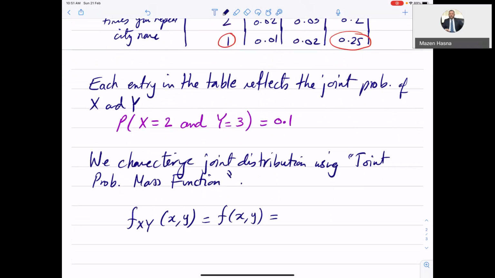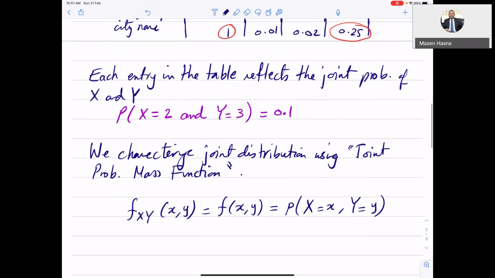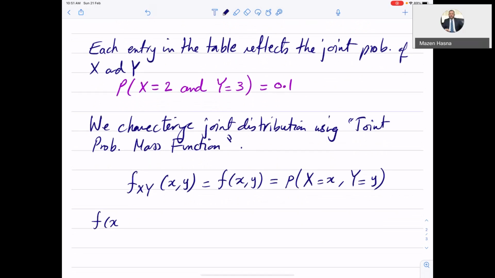The way we define it is the probability that X equals a small value x and Y equals a small value y. Of course, f of x and y is a probability, so for discrete variables, it's a probability.